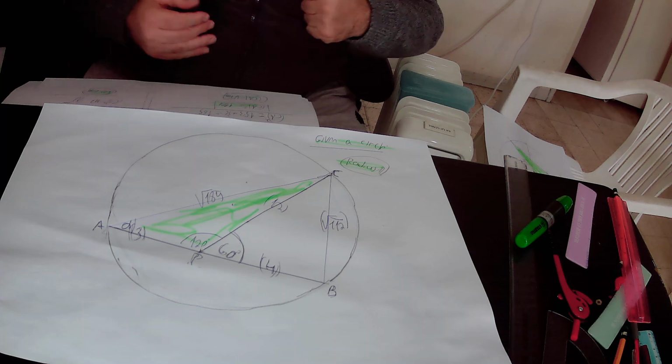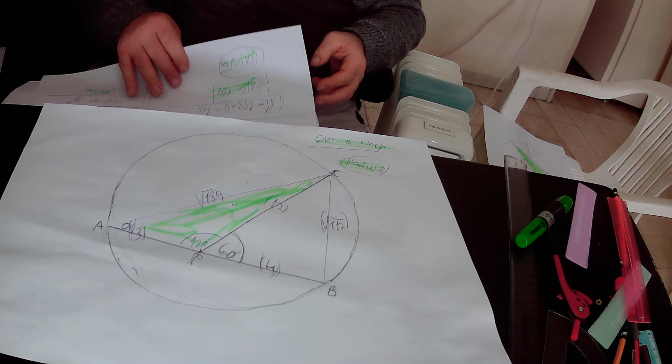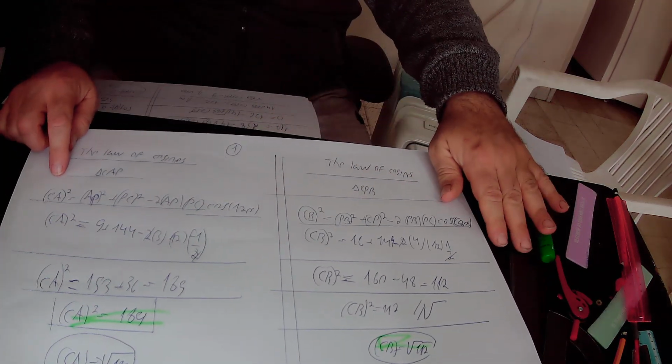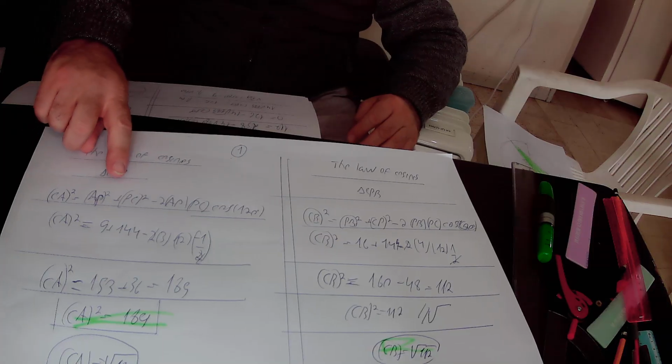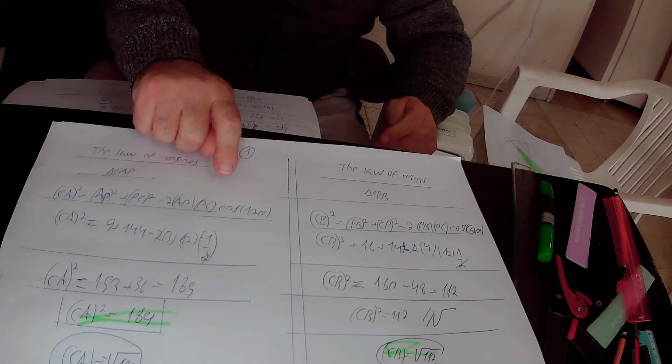Again, in this triangle CPA, CA squared equals AP squared plus PC squared minus 2 times AP times PC times cosine 120 degrees.